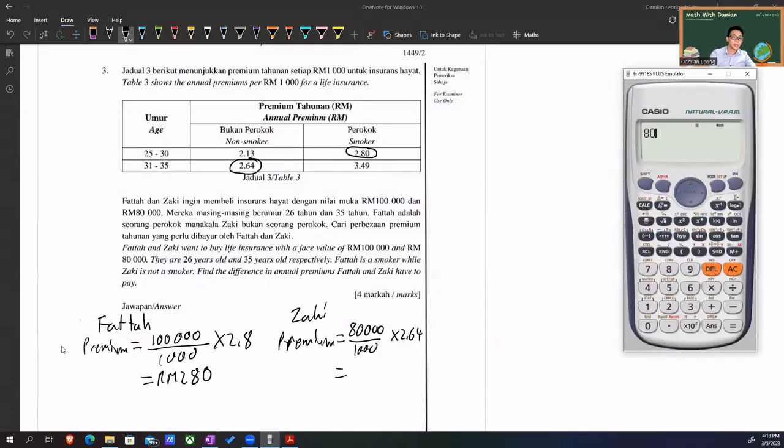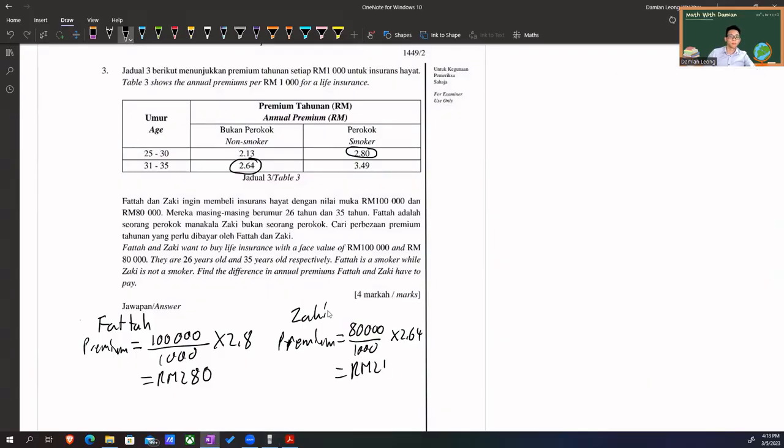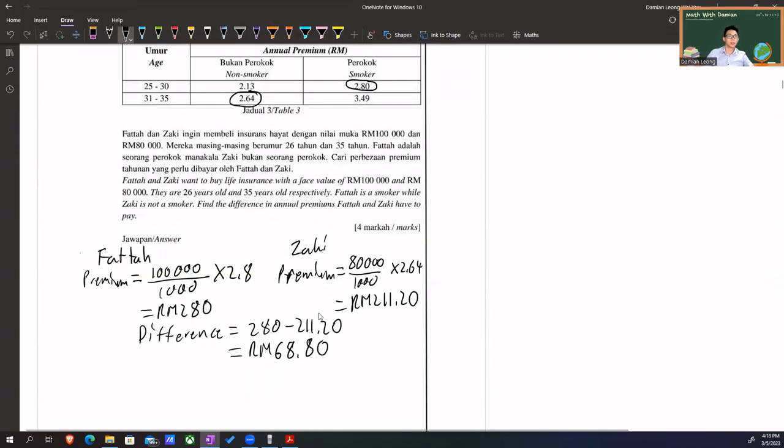So basically it is 80 times 2.64, which is 211.2. 211 ringgit 20 cents. So the difference, just 280 minus 211.2. So it'll be 68 ringgit and 80 cents. That's it.